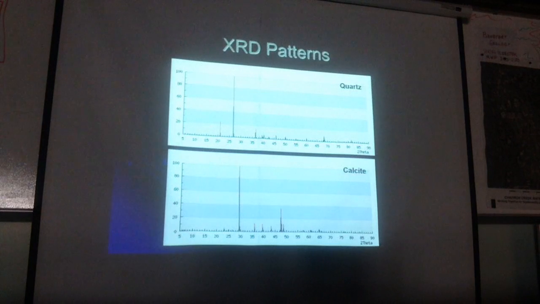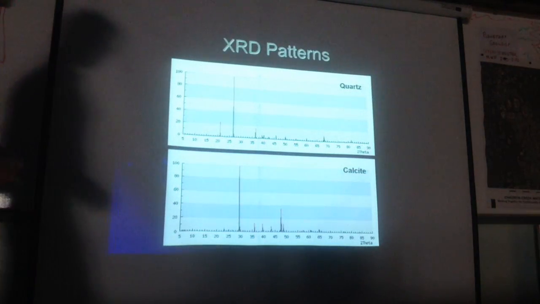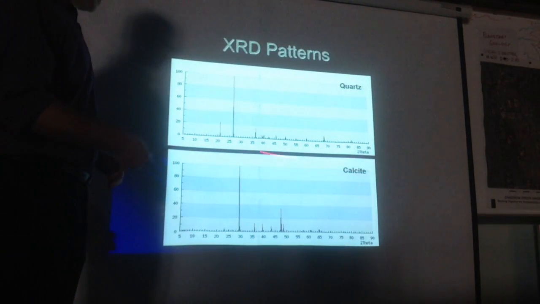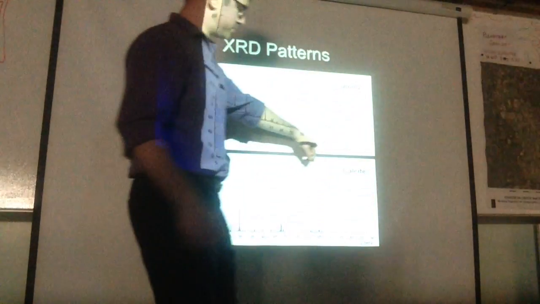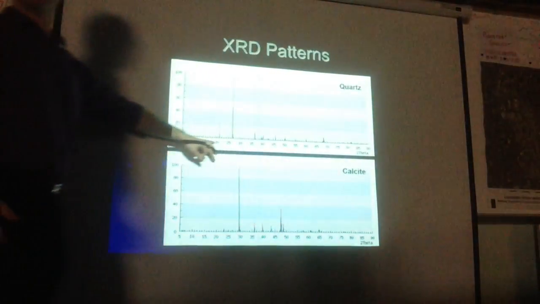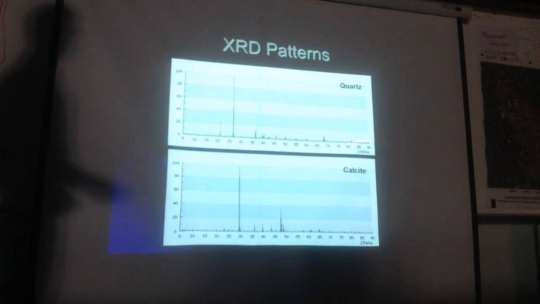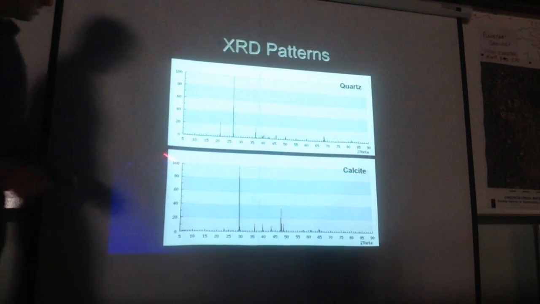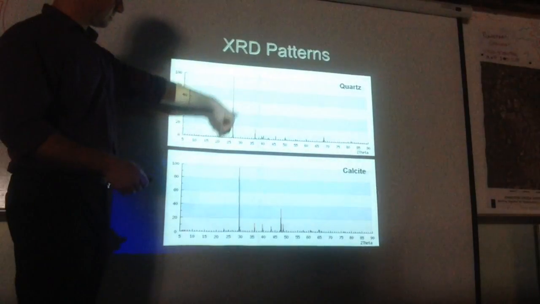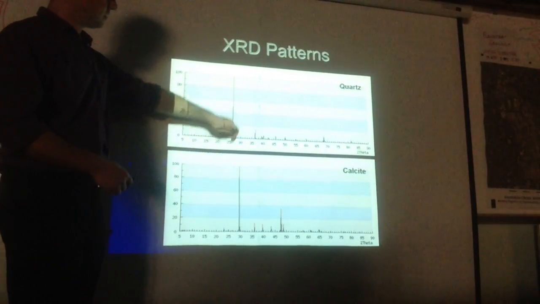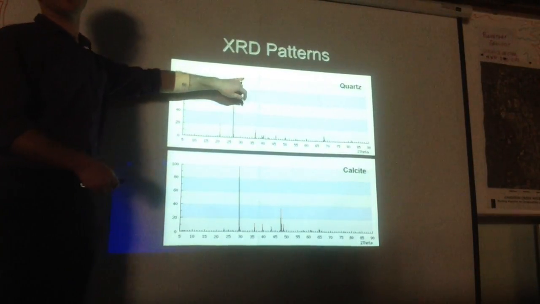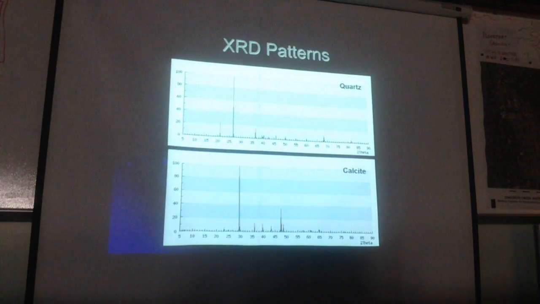So, XRD patterns, quartz, and this is referring to the D-spacing, and here's your 2 theta angles. Our 2 theta angles are basically what we get for our peaks, for the different patterns of each mineral.